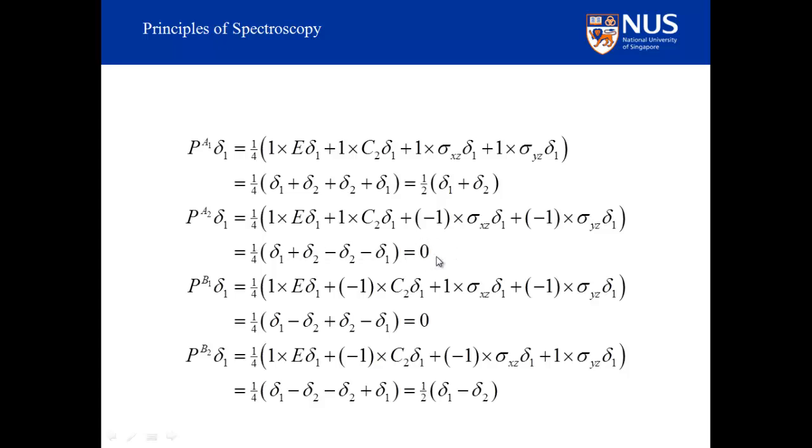Similarly for B1. This is exactly the result we expected, as those symmetries do not exist in the decomposition of the reducible representation. The projection of the symmetry B2 on delta 1 results in 1/2 of delta 1 minus delta 2.